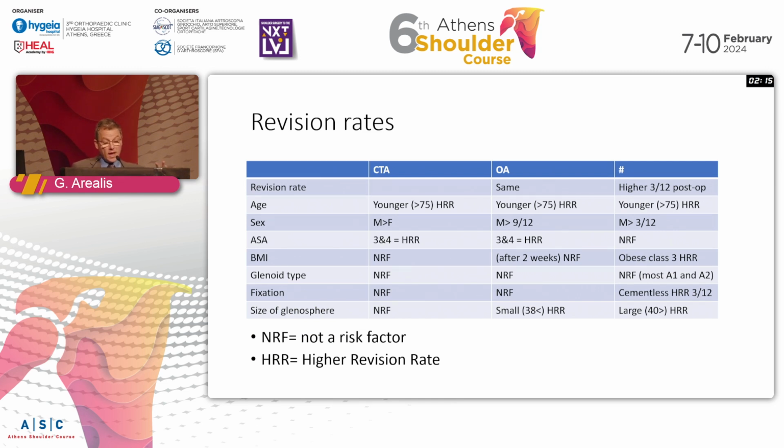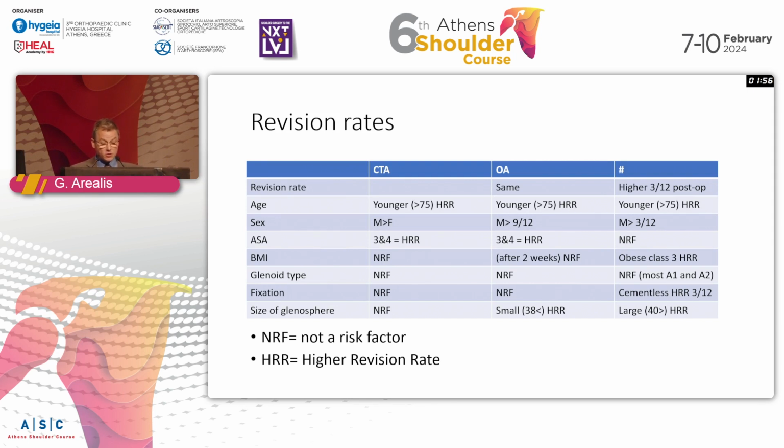So if we're going to collect all of the data we have, we find that compared to cuff arthropathy, there's slightly higher revision rates in patients that have large glenospheres when we do it for a fracture, or small glenospheres, less than 38, when we do it for osteoarthritis.